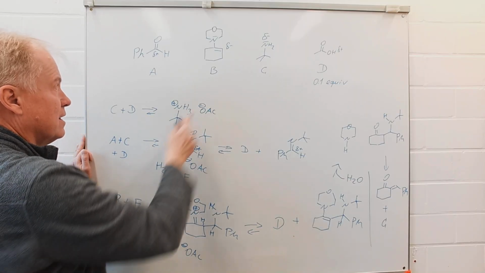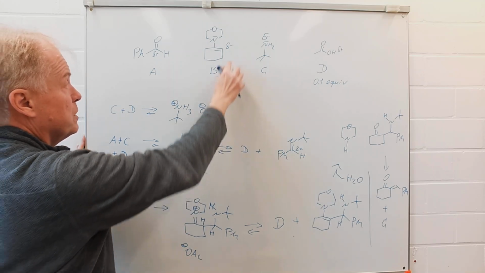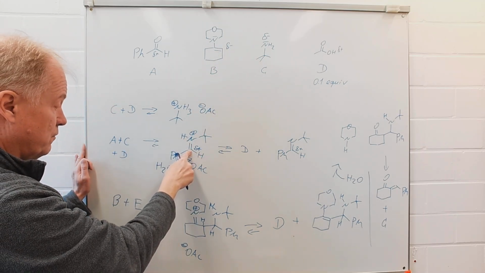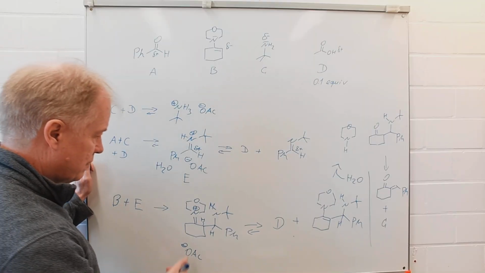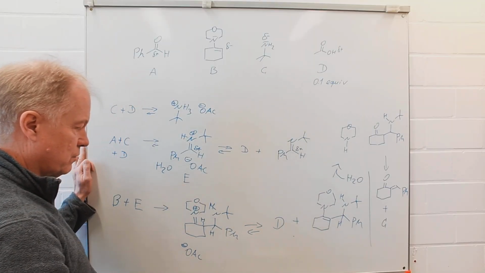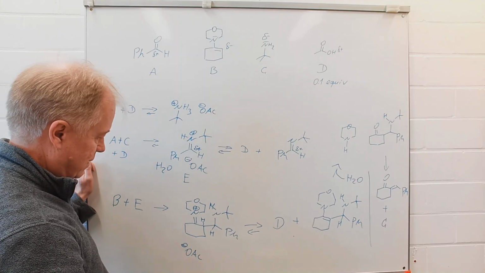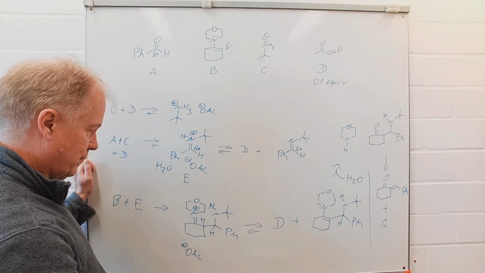E should react with B. What happens? This is the nucleophilic center, this is the electrophilic center. If we form a bond in between, then this is the result, this iminium cation, still acetate counter anion.